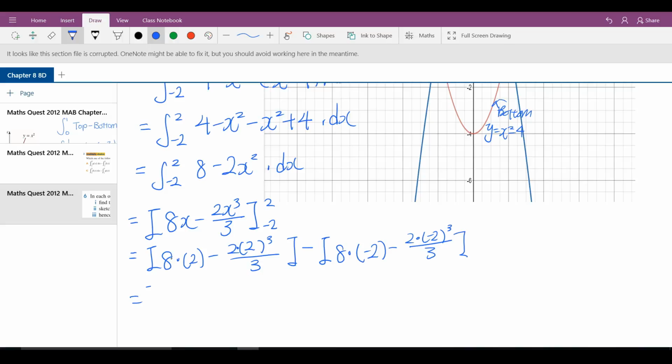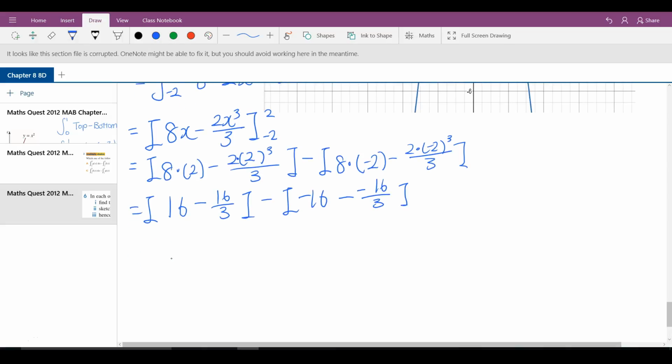Alright, so something seems very similar as before. So 8 times 2 is 16 minus 2 cubed, 2 cubed is 8, right? And then 2 times 8 is 16. So 16 over 3. This one is negative 16 minus, this will be the same but with the minus sign in front, so negative 16 over 3, right?